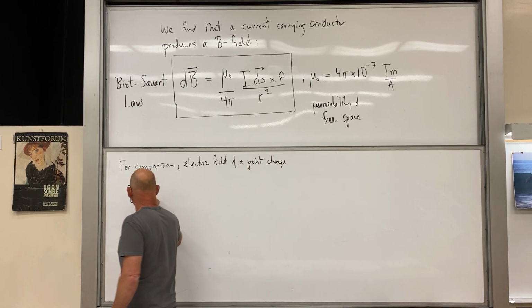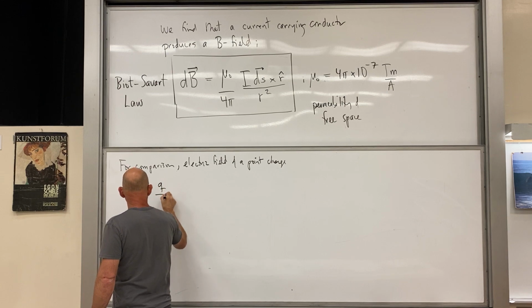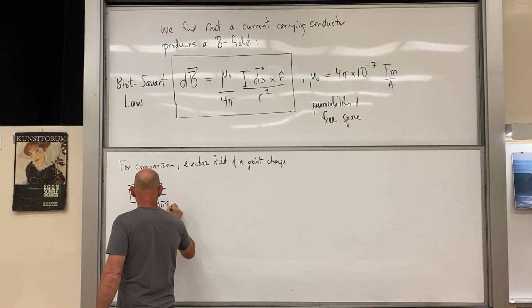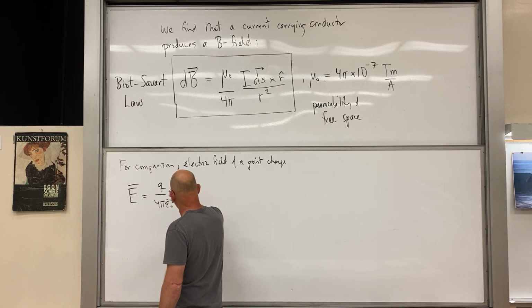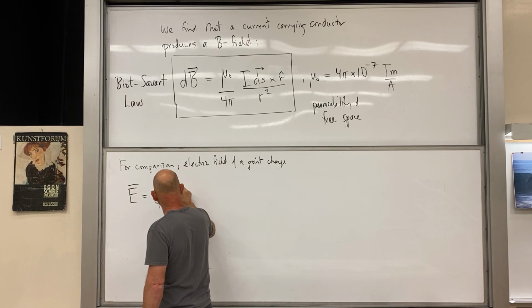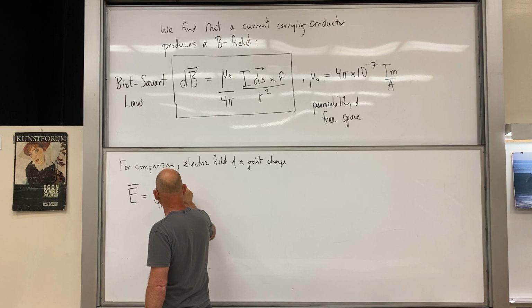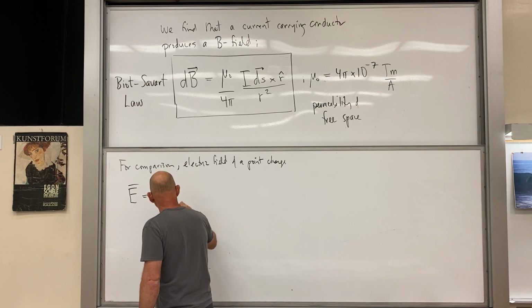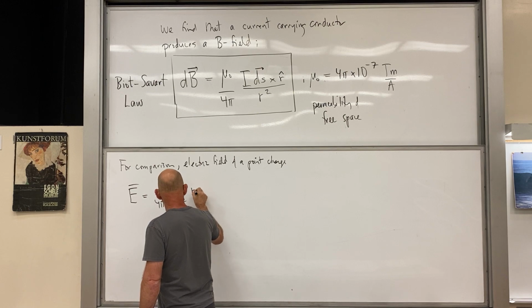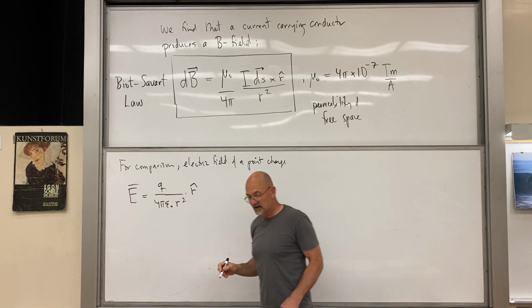So there, what do we have? We have Q over 4 pi epsilon naught R squared, and then the direction would be a unit vector, R hat.